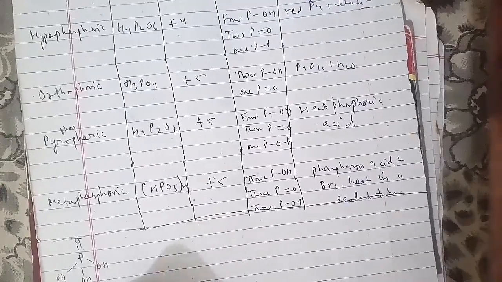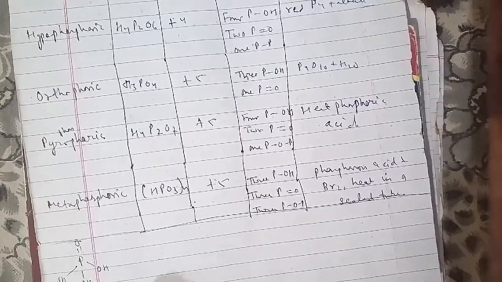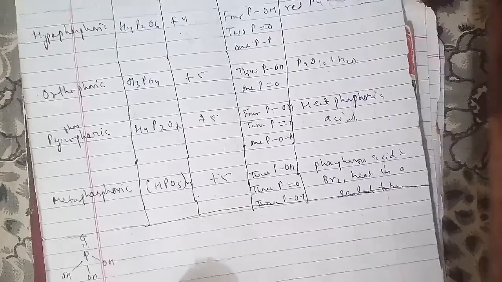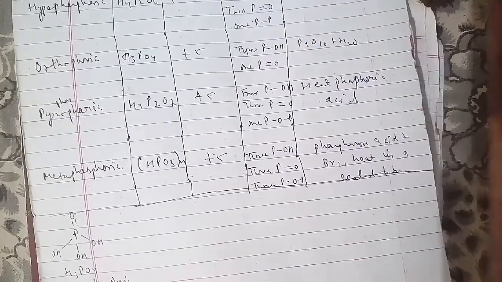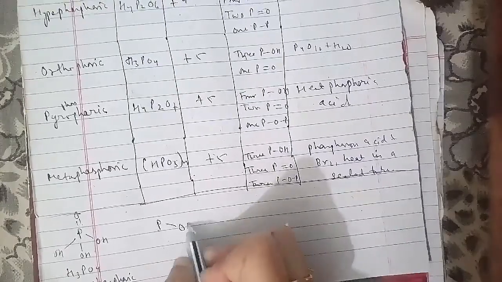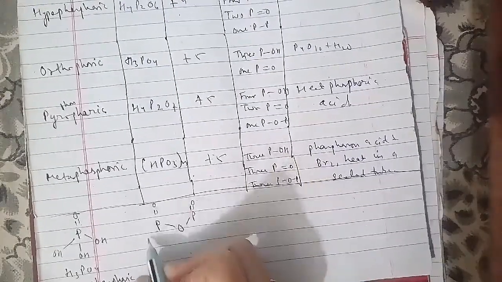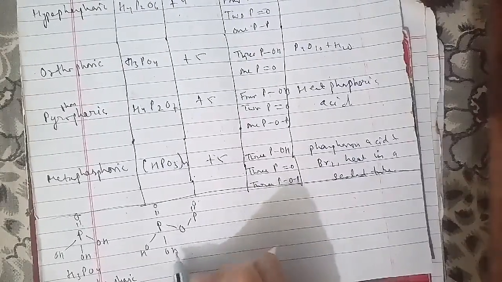The another one we talk about is P double bond O bond OH bond OH and bond H. So it's only H. And then the formula for this we have is H3PO3, and the name is orthophosphorus acid.